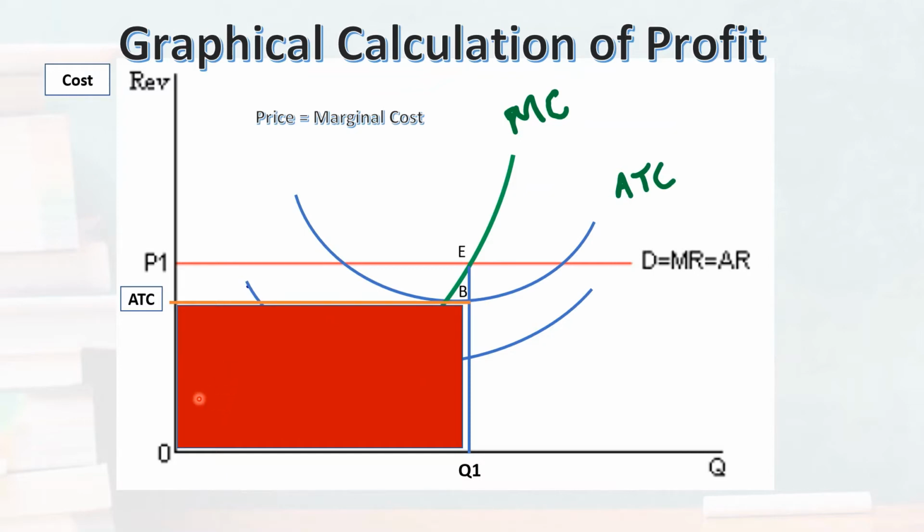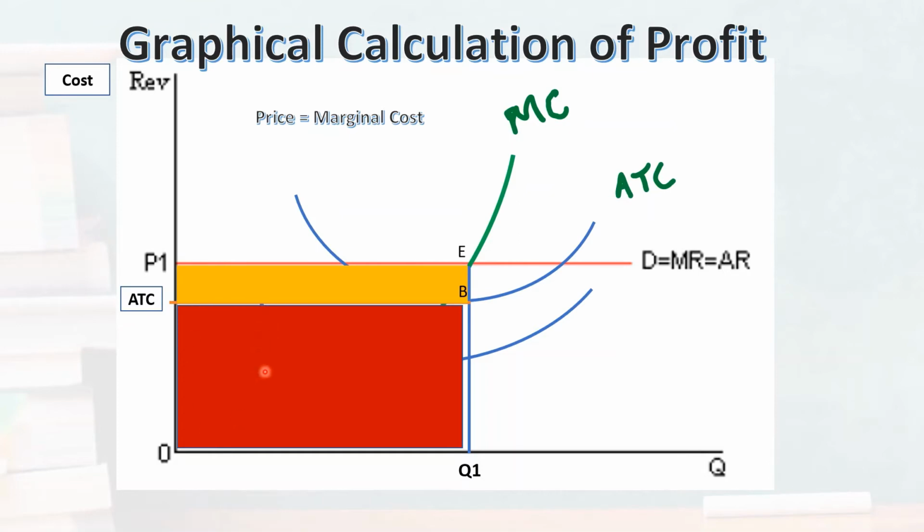So the remaining portion of the total revenue defines the profit which the firm is earning by selling this level of output. And we can either take the difference between the area which defines the total cost and the area that defines the total revenue, or we can directly calculate the profit which a firm is earning.